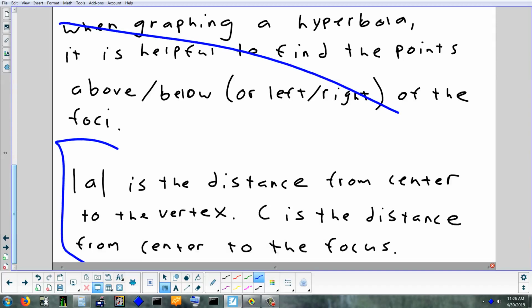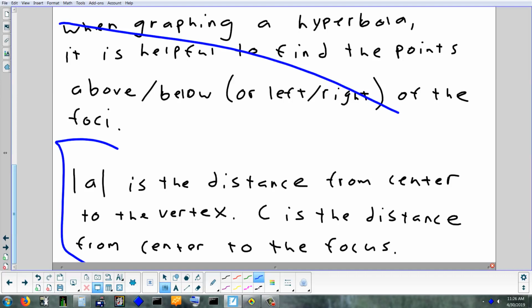But A is still going to be the distance from the center to the vertex. C is still going to be the distance from the center to the focus.